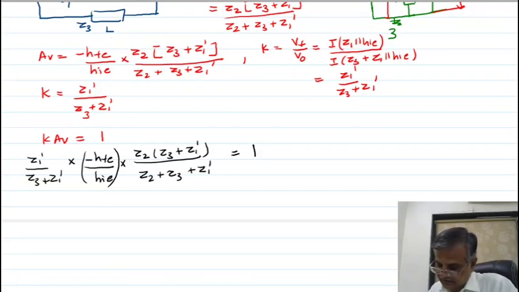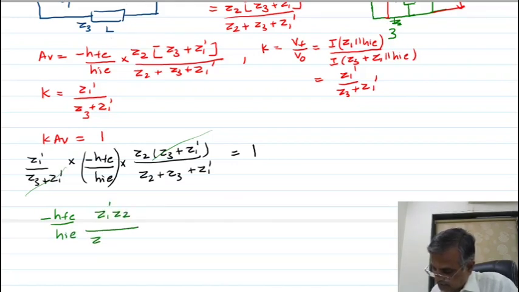So you can see here this is cancelled. So I can write minus hfe upon hie into Z1 dash Z2 upon Z2 plus Z3 plus Z1 dash is equal to 1.